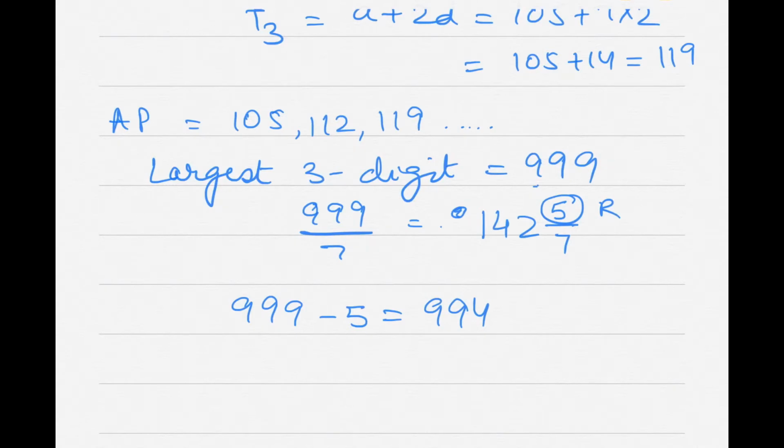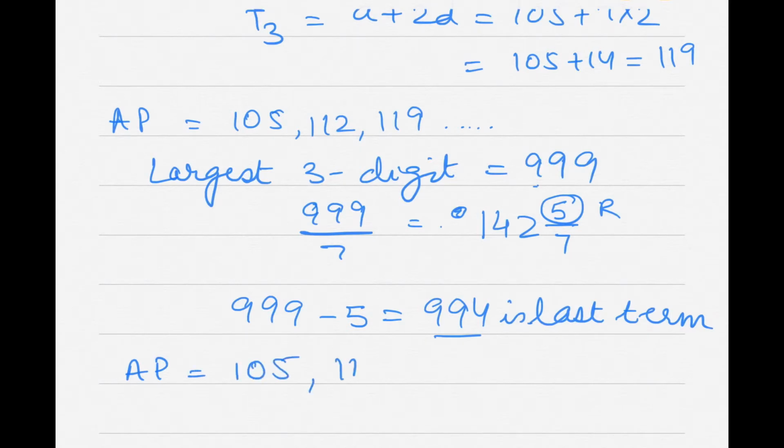Okay, so now I can write down my AP. 994 is the last term. Now the AP would be 105, 112, 119, and up to 994. So that means I have to find how many terms there are from 105 to 994.